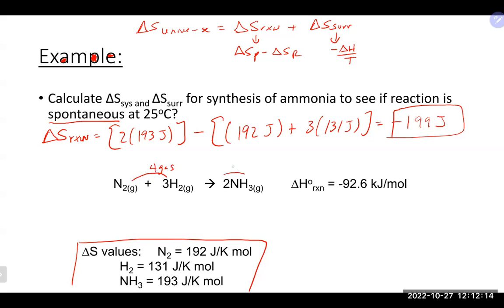And this is now 2 gas molecules. So we are going from 4 gas molecules to 2 gas molecules. So more disorder to more order, right? So less things flying around, more order, less disorder. We would expect this value here, just like we got, to end up as a negative number. Any questions on that part of it there?